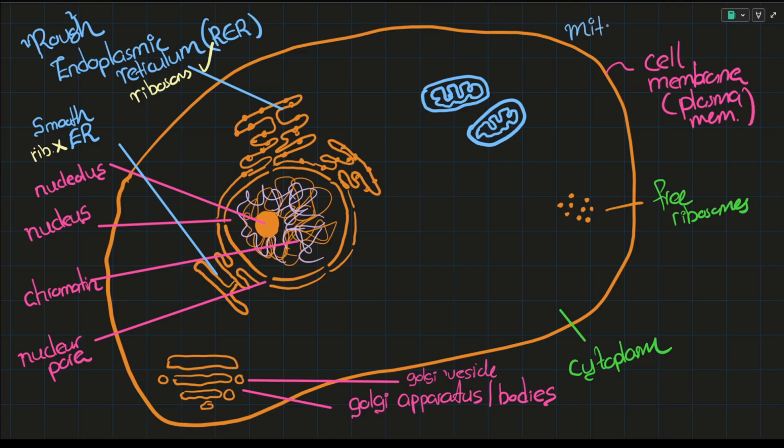Here we have mitochondria, responsible for cellular respiration, responsible for the production of energy in the form of ATP. Apart from ribosomes, we also have another type of vesicles. These are known as lysosomes.